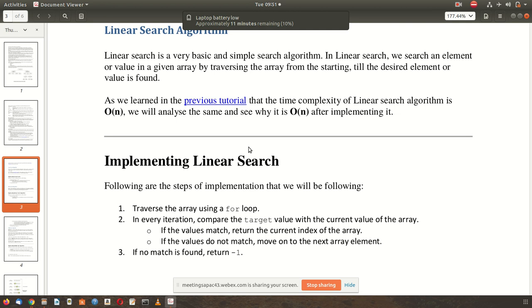So a linear search algorithm is a step by step description of a procedure to search something in the computer system. And this particular search is linear, which means it starts from one point and goes to the next point by following a straight line.